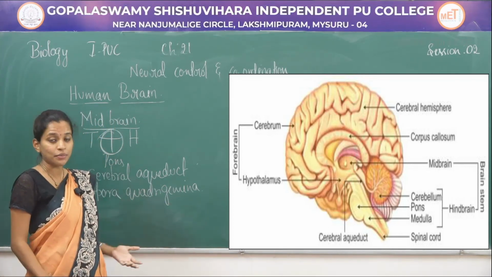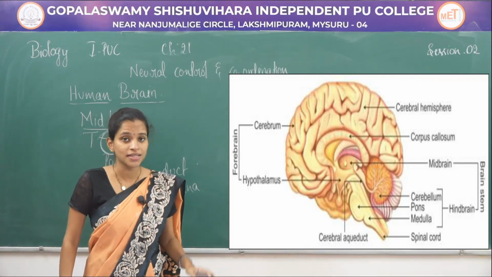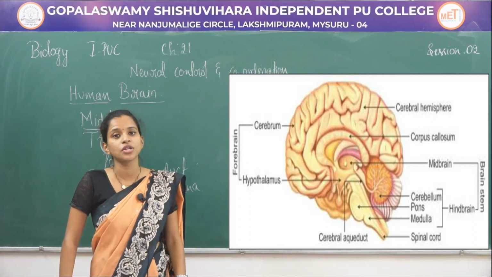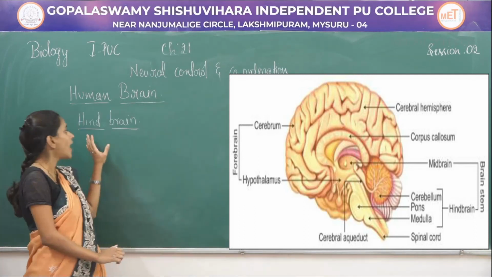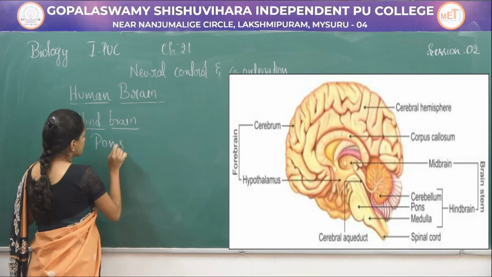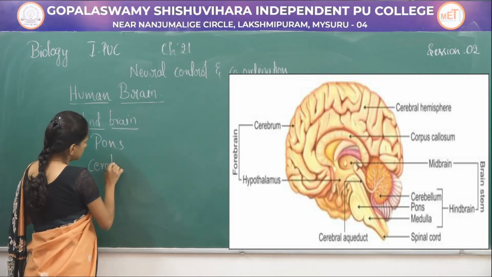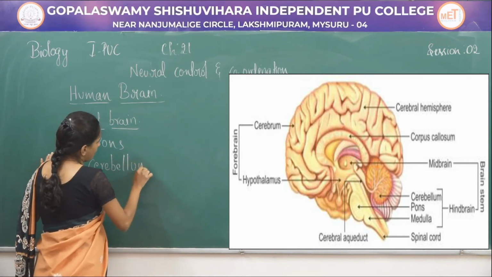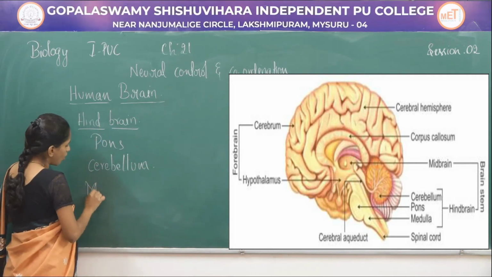Next is the hindbrain. Hindbrain and midbrain mix together and help in formation of the brain stem. The hindbrain is divided into 3 main regions called pons, cerebellum and medulla oblongata.